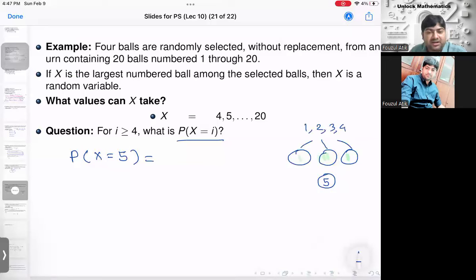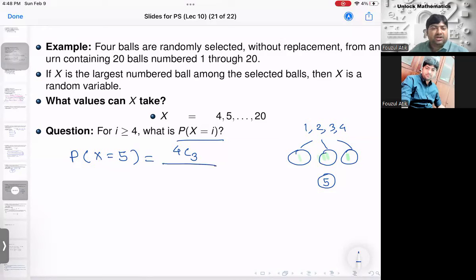Only these four values are possible, and these three balls will receive them. How many ways can it be distributed? It is 4C3 ways, because among these four balls, one ball got number 5 and the other three balls should get numbers between 1 and 4.